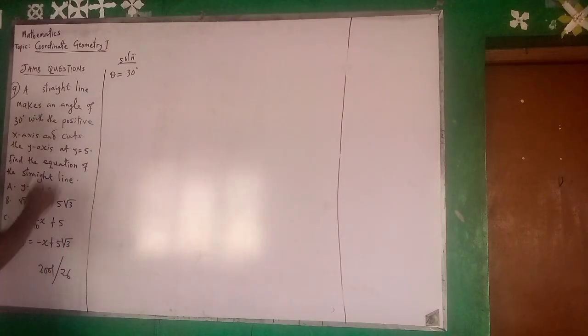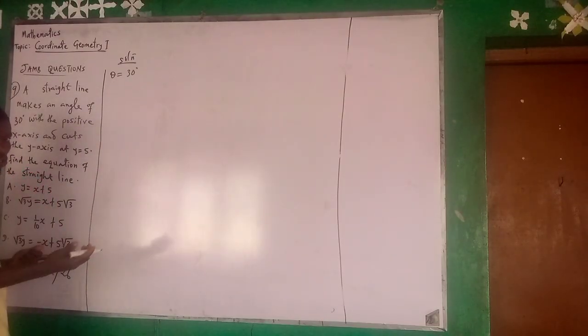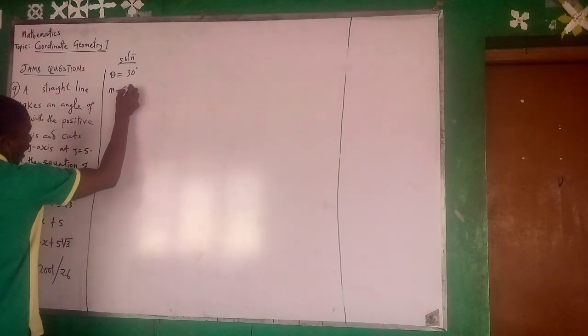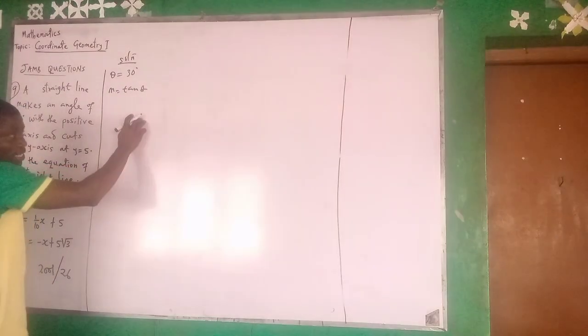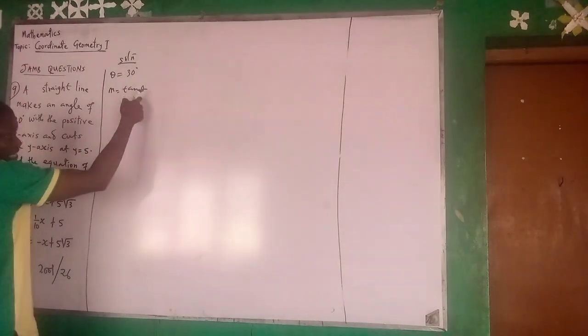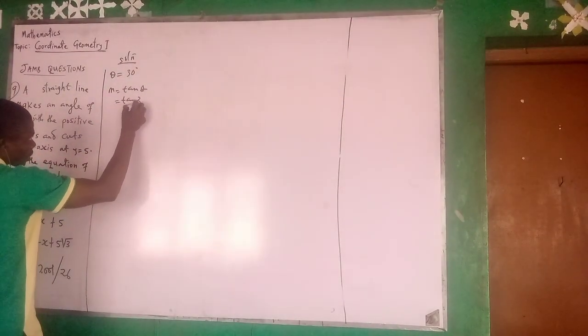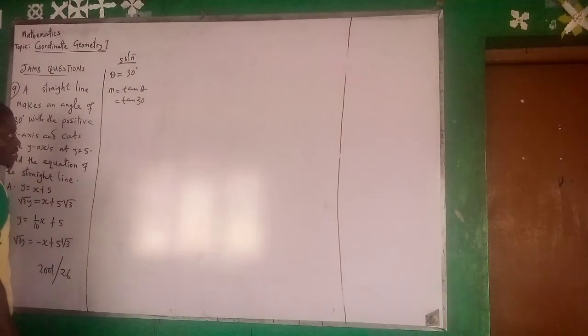Now, if theta is given to you, I have told you that if an angle is given, the slope becomes tan theta, right? And theta is 30, which means the slope is tan 30 degrees.